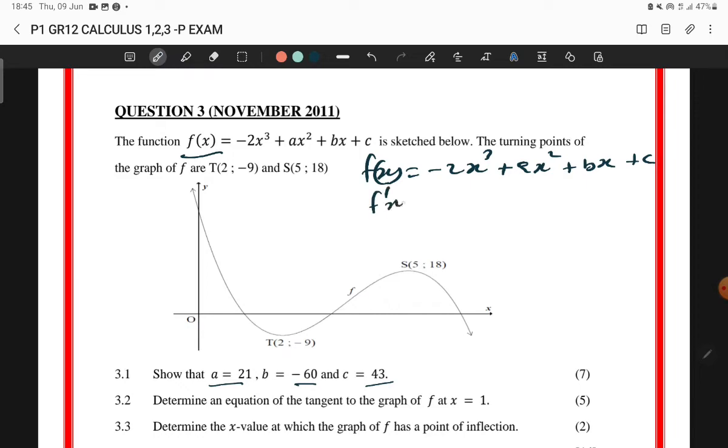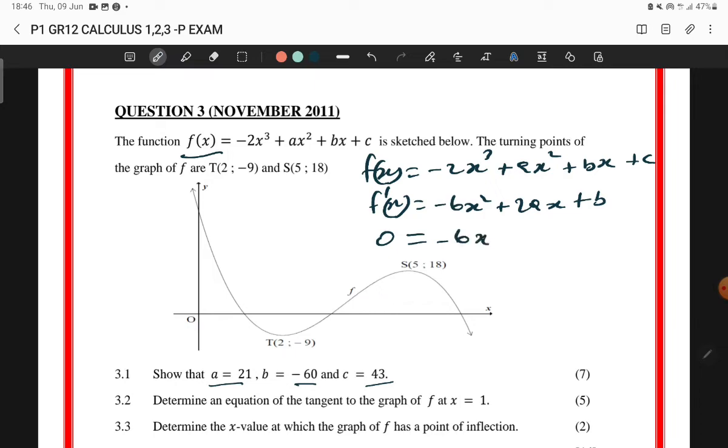Then f'(x) is equal to negative 6x squared, plus 2ax, plus b, just b. So we can just substitute this in the place of f'. We can just put 0, because we know that the derivative at the turning point is equal to 0.